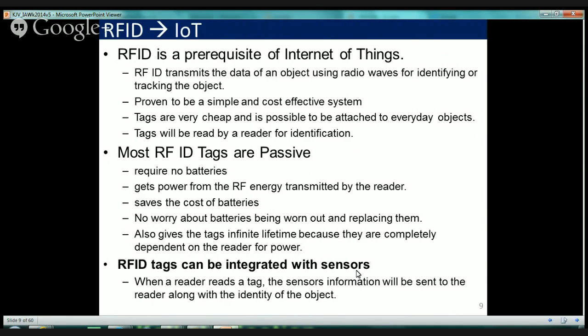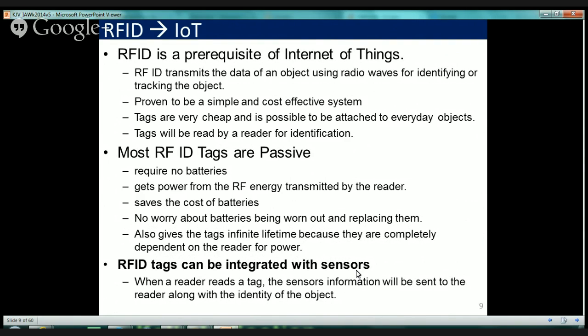So the idea essentially is that if we can generate or accumulate or store energy in these tags to at least operate the sensor, then we can deploy them incorporating all those features of a typical RFID tag.